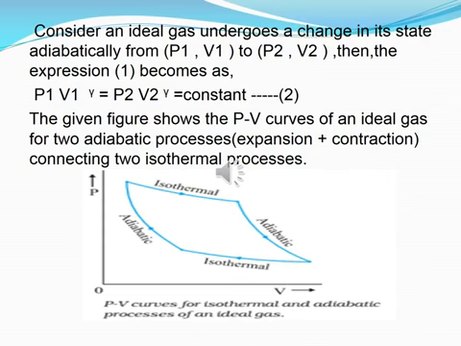The given figure shows the PV curves of an ideal gas for two adiabatic processes. One is expansion and the second one is contraction, connecting two isothermal processes. Here we have plotted the graph by taking volume V along the x-axis and pressure P along the y-axis.